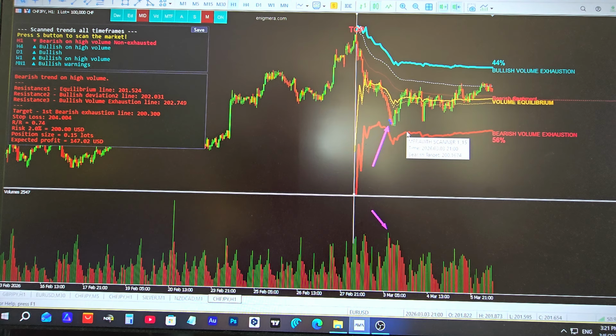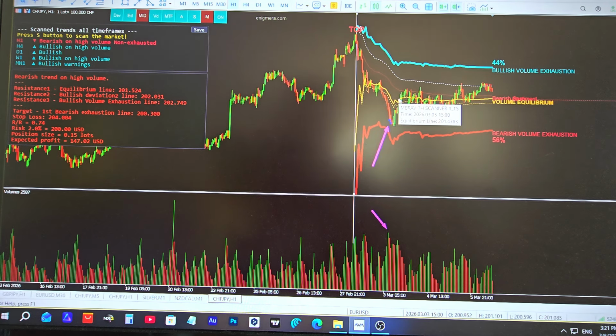Bulls buying and bears selling, and this volume for buying and for selling is exactly the same. This is the most interesting place to enter and to open our short orders. And you see the activity alongside the volume equilibrium.